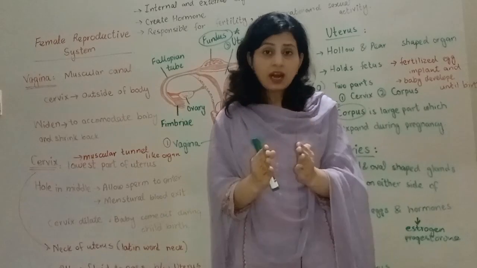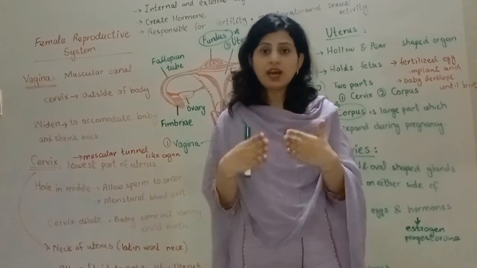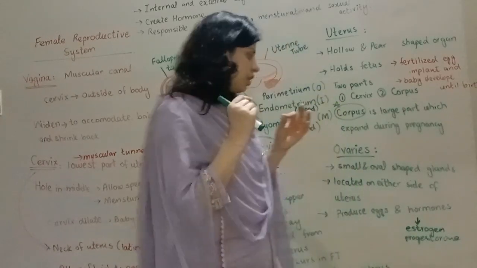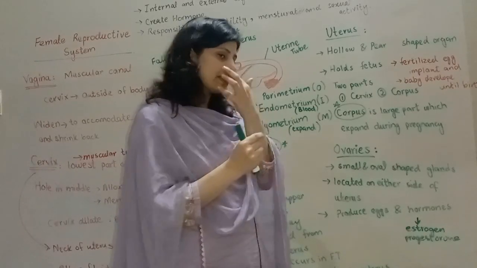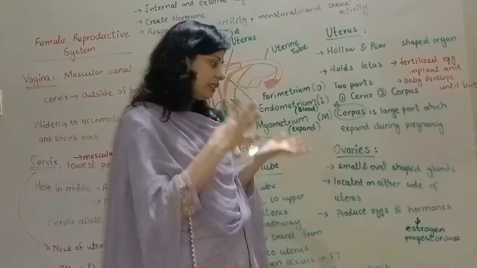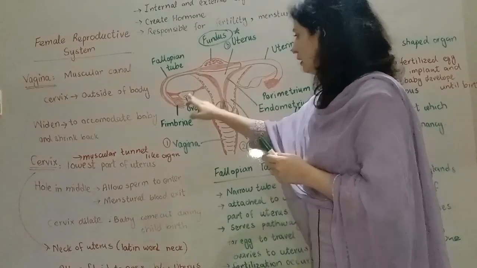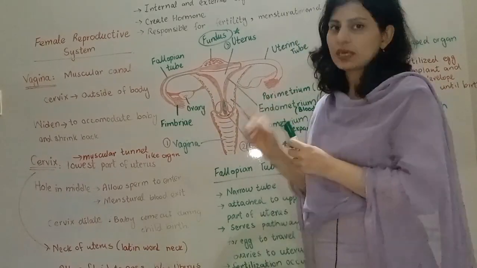Yes, the fourth part of the female reproductive system is the ovary. There are two ovaries in females. Ovaries are small, oval-shaped glands located on either side of the uterus. This is the uterus, and on either side of it a pair of ovaries is present.